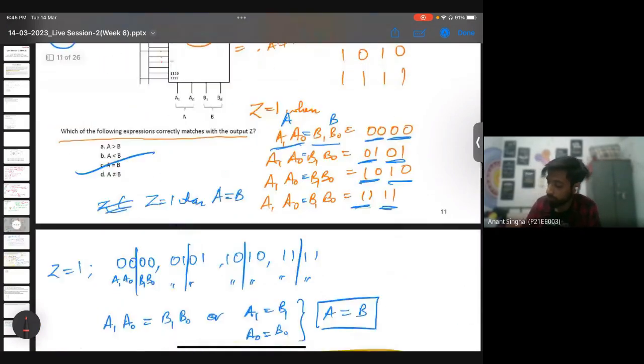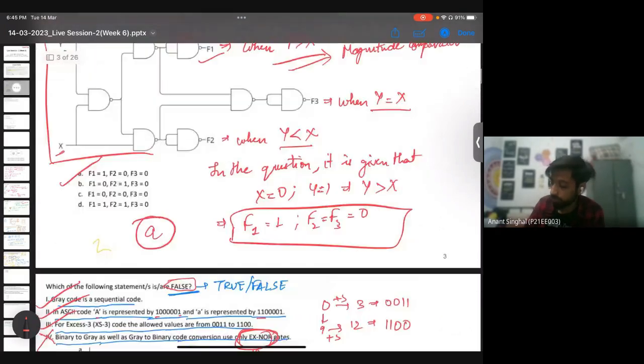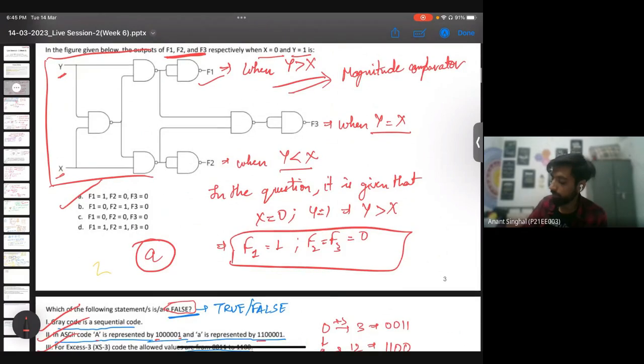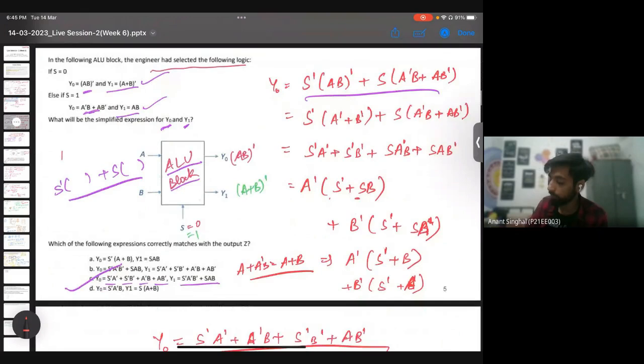Okay, so let me summarize what we have done till now. This is the basic circuit of a magnitude comparator. We checked what the condition would be according to the question. This was a theoretical question, quite interesting, in which we read about this ALU block and the different expressions we can make out of it.